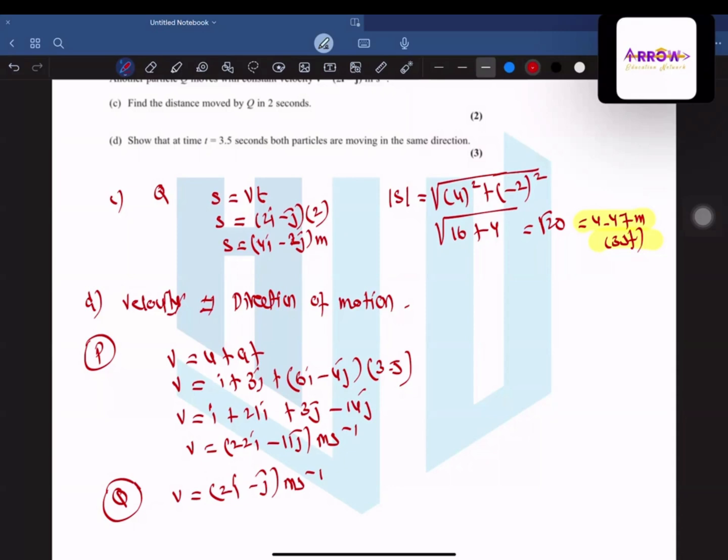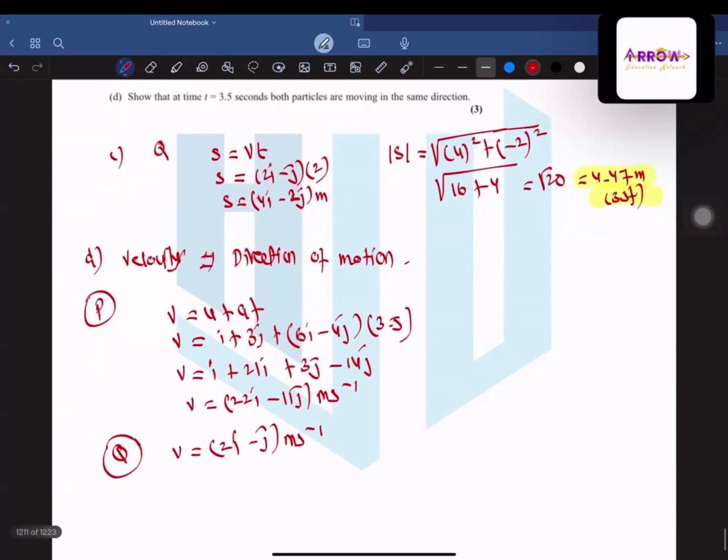Both vectors are moving in the same path, so they should be scalar multiples of each other. So the velocity vector for particle P is, taking 11 as common, 11 times (2i minus j) meters per second.